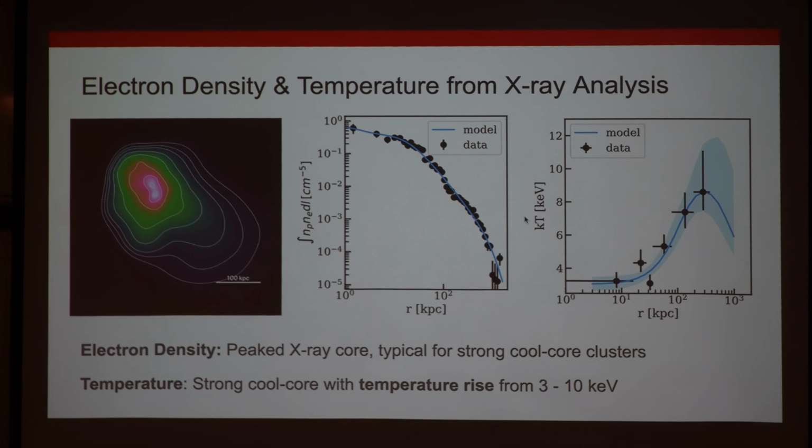The reason it's called cool core is because the core is cooler than the outskirts. The temperature in the core is roughly 3 to 4 keV, and the outskirts are roughly 8 to 10 keV. From the density and temperature, we call it a cool core cluster.